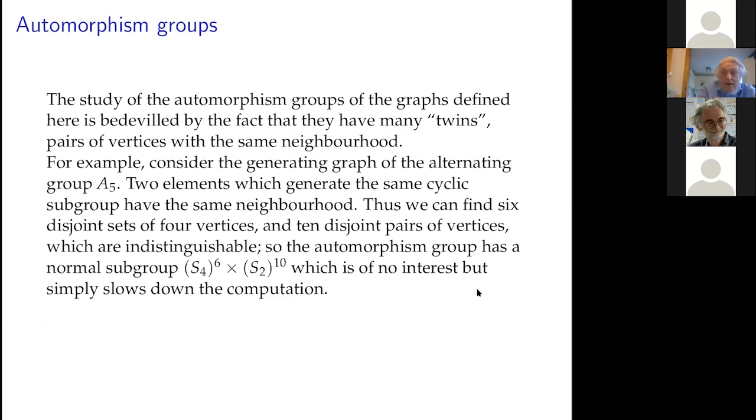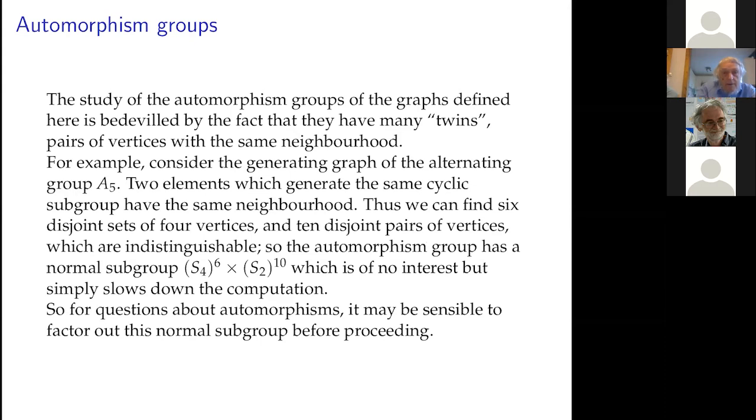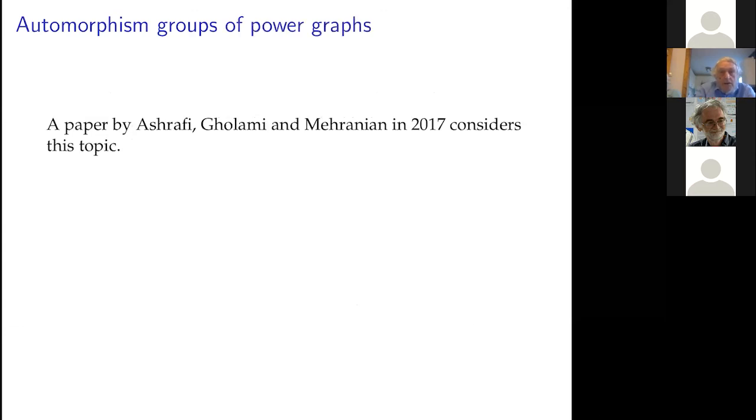So you need to be able to get rid of those things. And it may make sense to factor out things like that, but the trouble is that sometimes you factor out too much and you change the automorphism group you're looking at. We have examples where that happens. But I'll just give you one fact here.